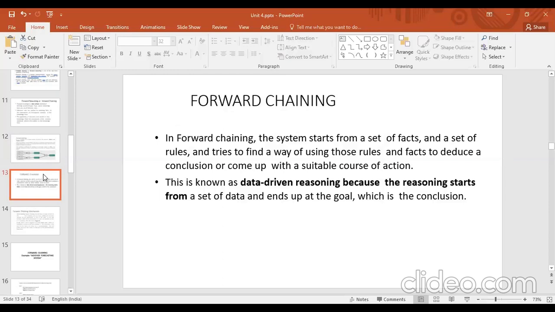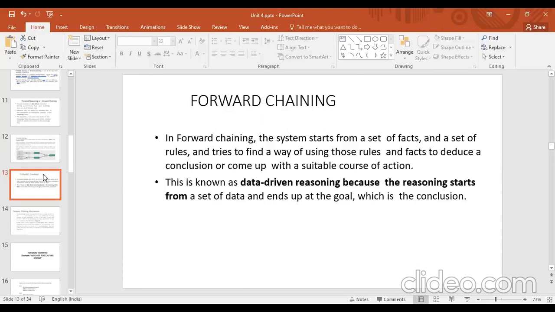Suppose you have been given a task to reach from PP Savani to Surat, so some distance and some cost are given. These are called facts. And I have given one rule: you have to use only a bus, and some rules such as the particular time in which you have to go from PP Savani to Surat.